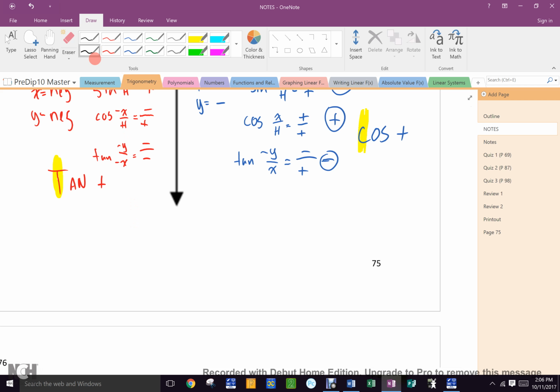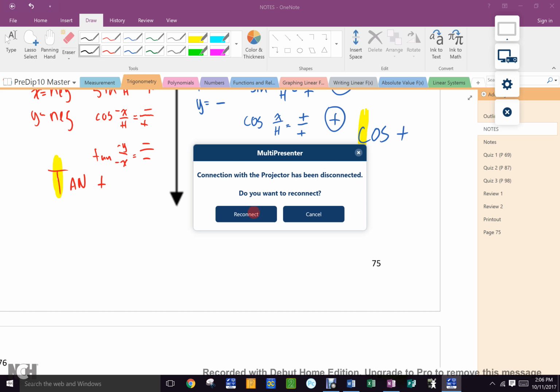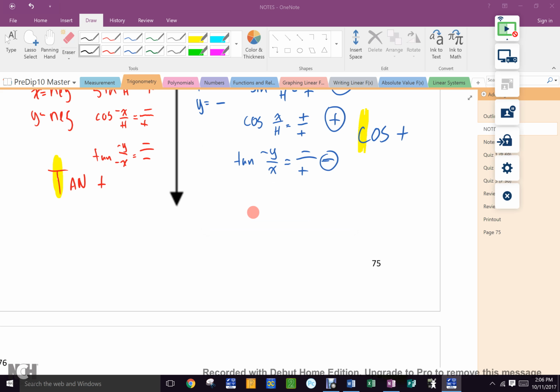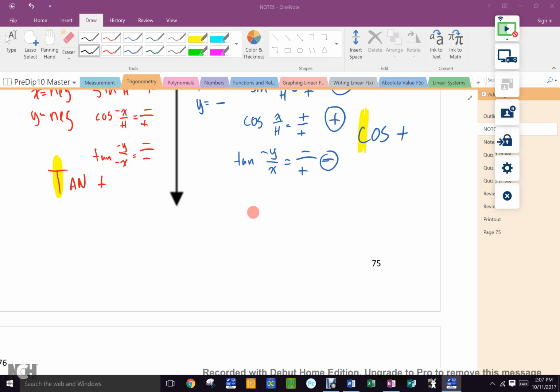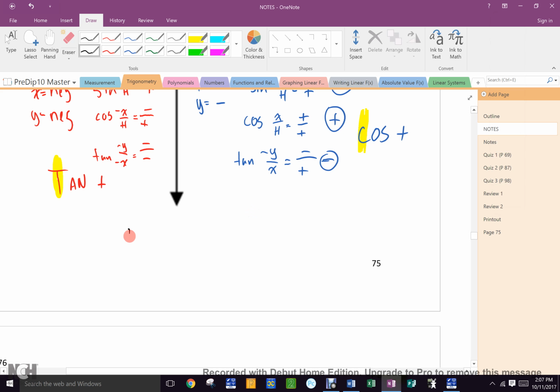The only thing I will remind you of here is that x and y are coordinates, right?